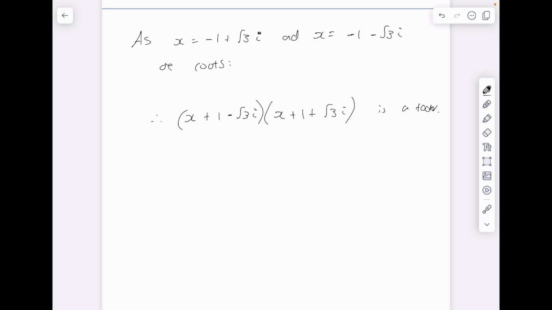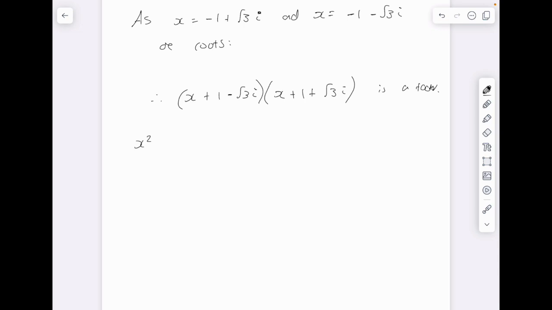Well, we get x squared, plus x, plus x, minus root 3i x, minus root 3i, minus 3i squared plus 4.